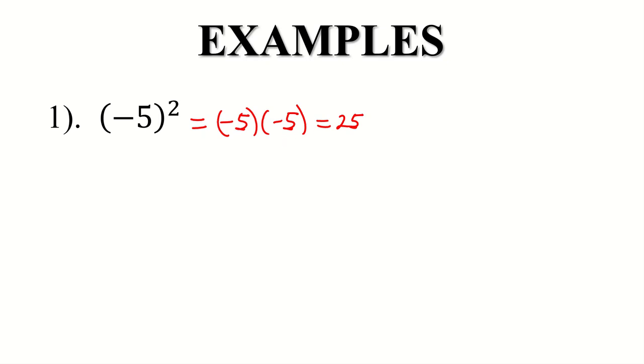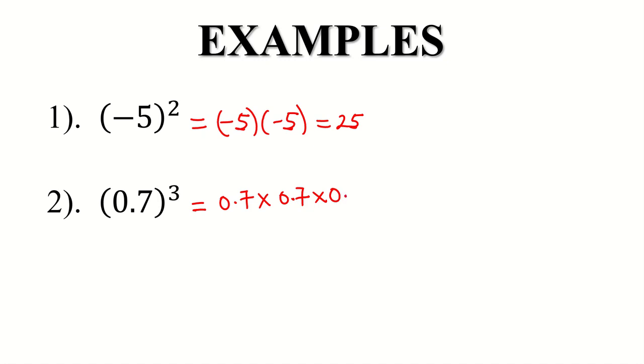We move on to the next question, and we have (0.7) raised to the power or exponent 3. It is communicating to us that 0.7 is repeating itself 3 times. So we can solve it as 0.7 times 0.7 times 0.7.